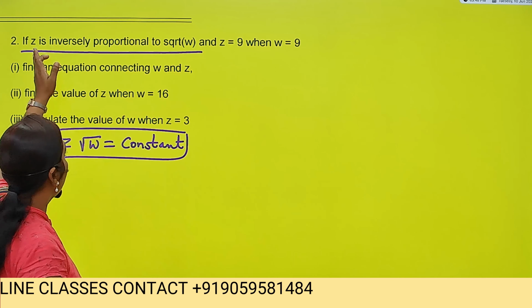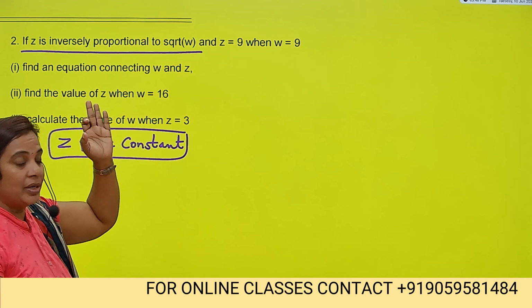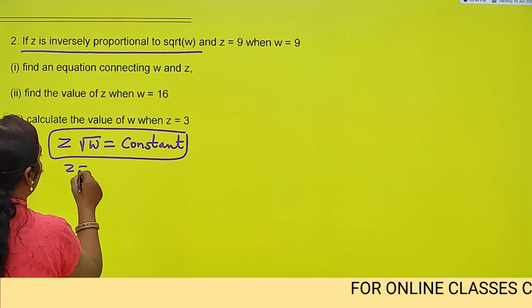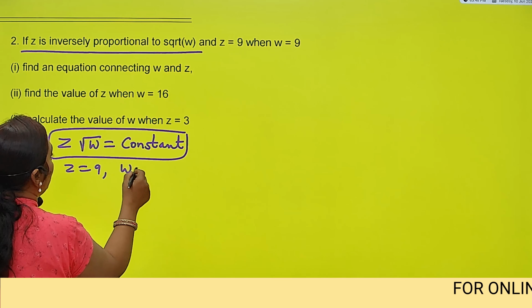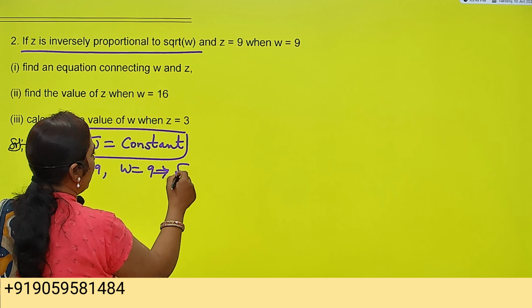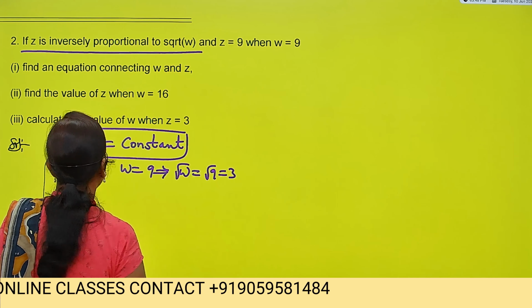So what is the relation between z and w? Z square root of w equals constant. Here z equals 9, w equals 9. From this, we calculate root w equals root 9, which is equal to 3.